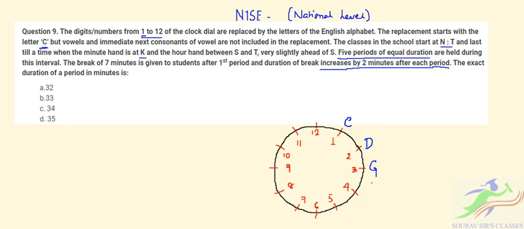After that 3 is G, H, I and J will be excluded. K, L, M, N, O, P excluded, then Q, R, S and T. So that will be the numbering of this clock.